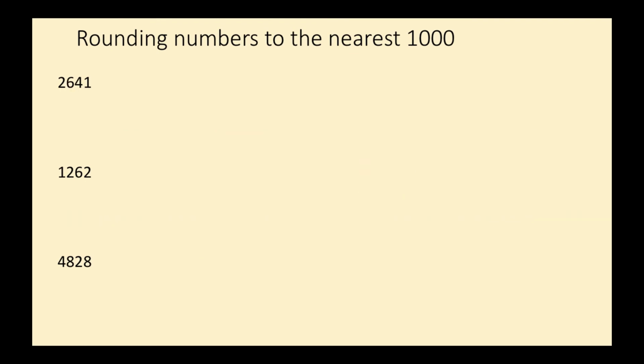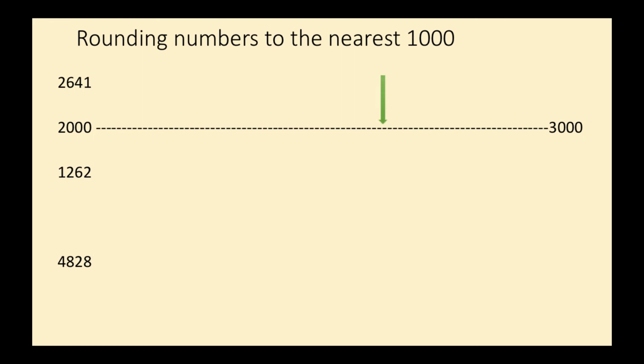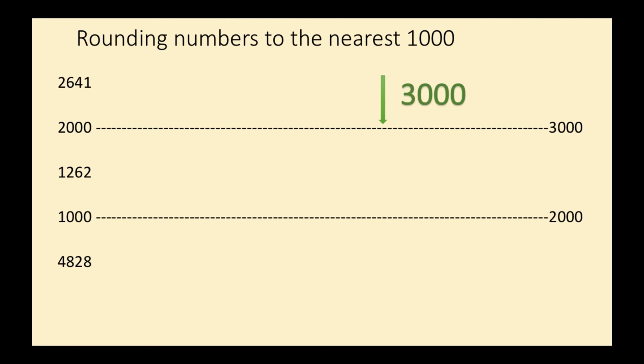Let's have a look at rounding numbers to the nearest thousand. 2,641. So 2,641 must be between 2,000 and 3,000. Well, we know 2,600 is closer to 3,000 than it is to 2,000. So it's round about here, so we're going to round it to 3,000. 1,262 must be between 1,000 and 2,000.